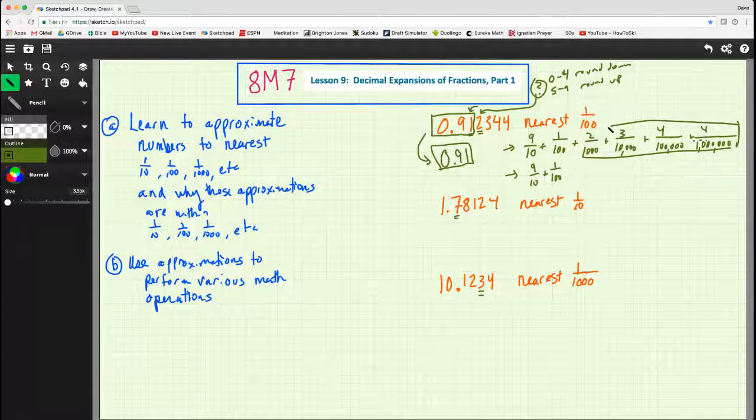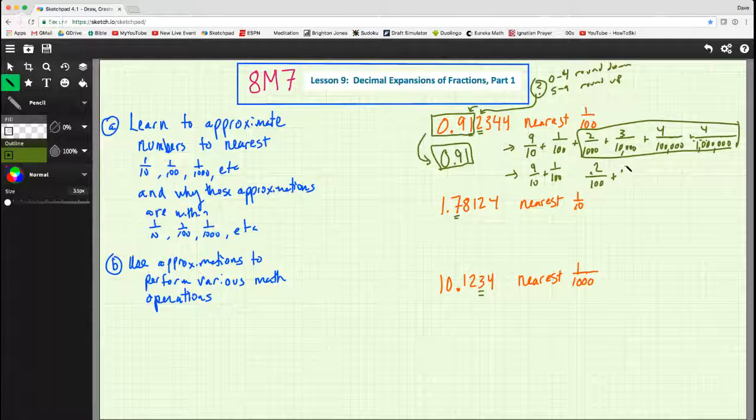Well, we know that 2/1000, we can divide both top and bottom by 10. So now we have 0.2 over 100. Well, that's this. Now I'm going to take this and divide top and bottom by 100, and that's not changing the value.